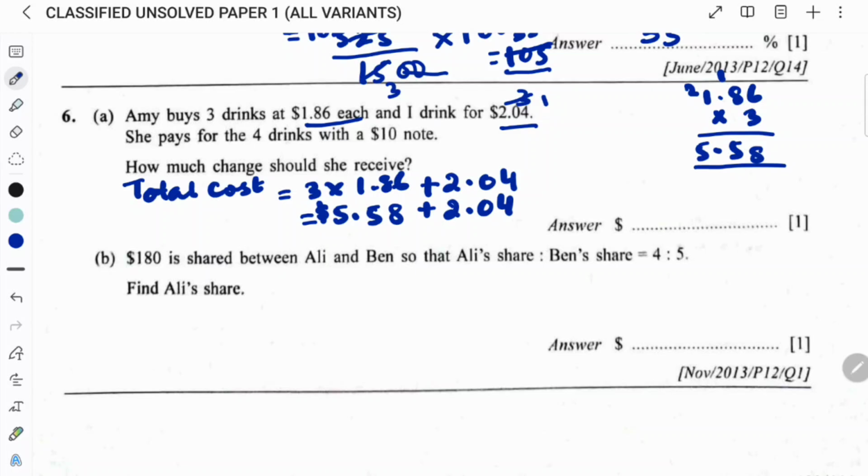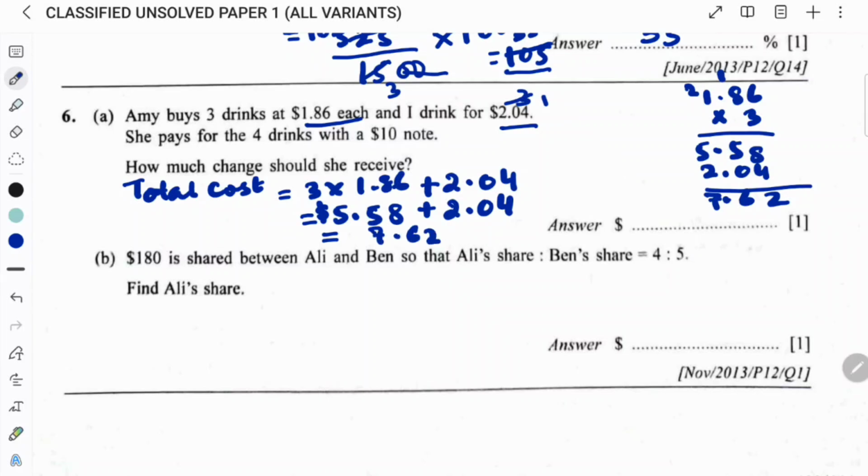So 5.58 plus 2.04: 8, 9, 10, 11, 12, and then 5 plus 1 is 6, and then 5 and 2 is 7, so 7.62, which is less than the $10 note.